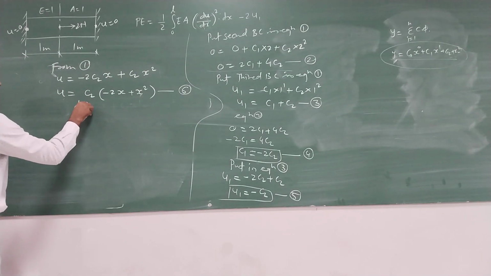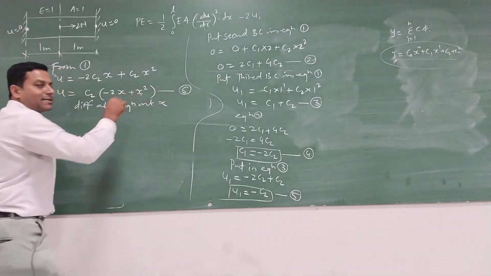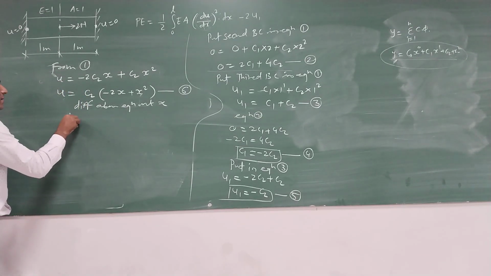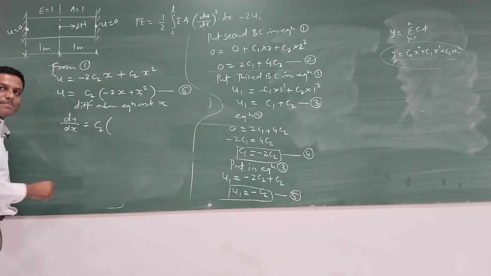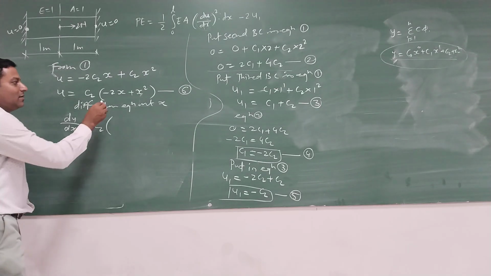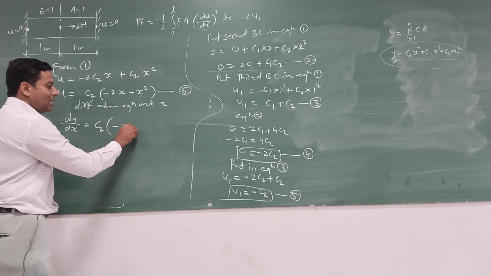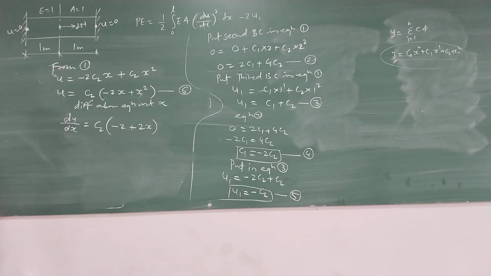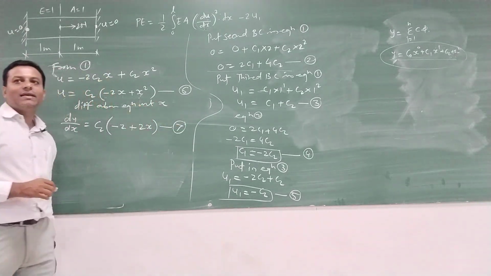So differentiate the above equation with respect to x. Now differentiate. Tell me what differentiation will come? du by dx is equal to C2, which is constant, kept outside. Differentiation of minus 2x is minus 2, plus differentiation of x square is 2x. So we have the value of du by dx. I'll mention this equation as equation number 7.